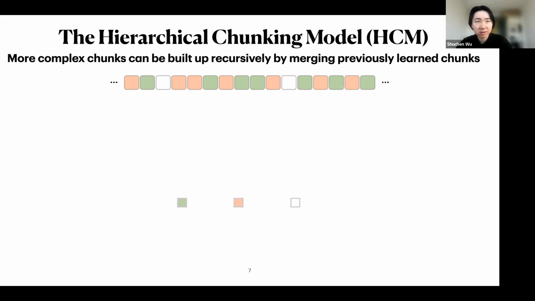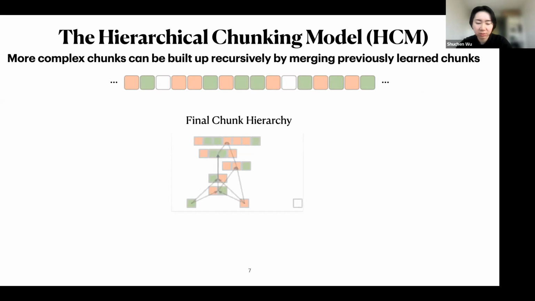You start with a representation of atomic units, and gradually these atomic units merge into simple objects or simple chunks, and recursively you can augment the belief set by this violation of independence test.